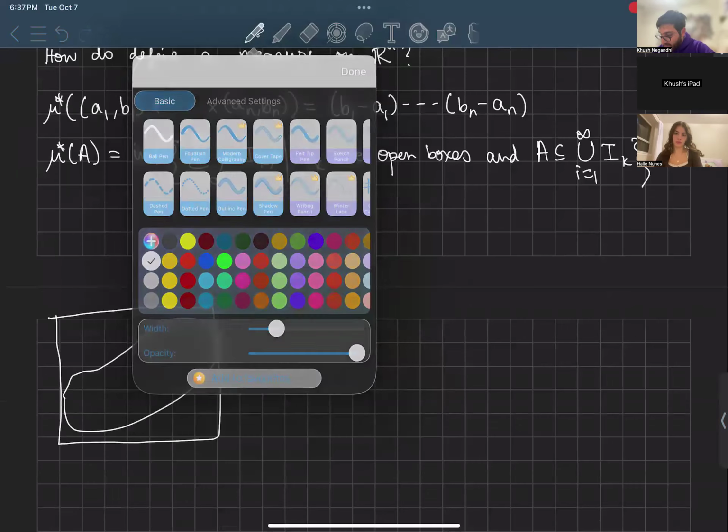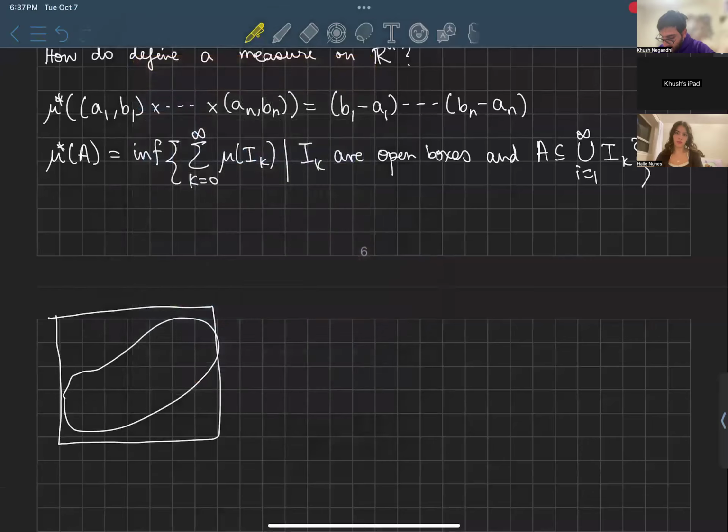Another approximation I could have is this, right? And I'm going to take the smallest such volume. And I'm going to approximate it from outside coming in rather than inside coming out, okay?